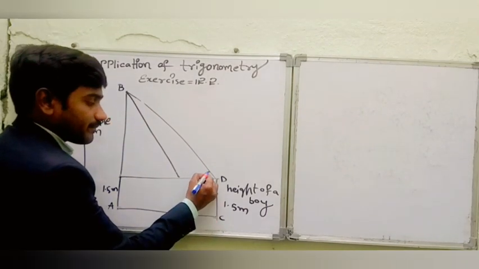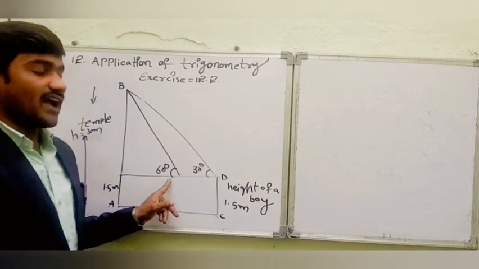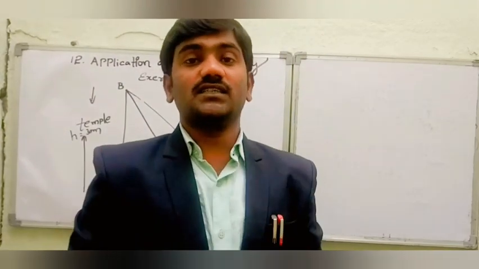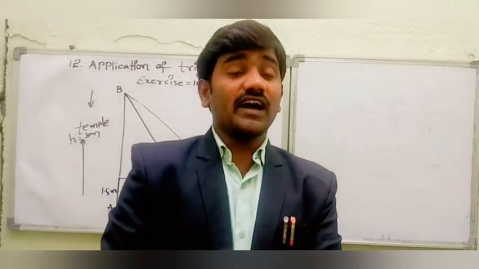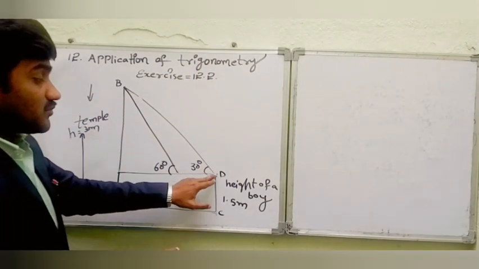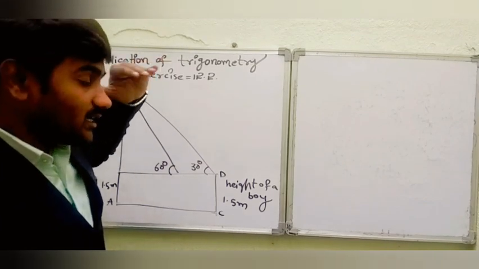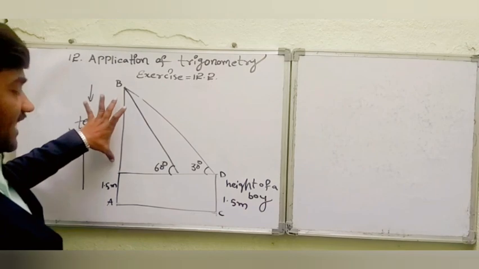Hence we observe from 30 degrees and 60 degrees angles of elevation. When the height of the person is given, that should be considered. When it is not given, it can be neglected. But when the height of the boy is given, it should be considered. He is observing the top of the temple from his eyes. So this 1.5 meters will be subtracted from this height.